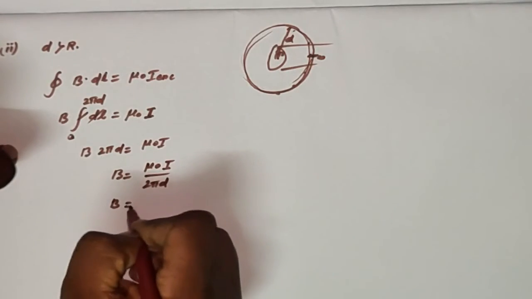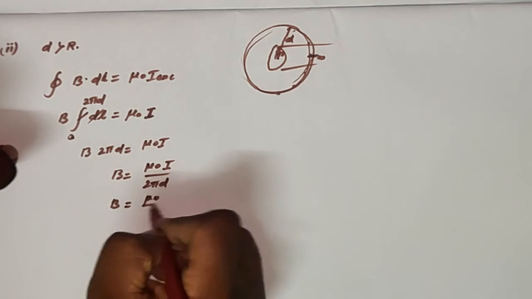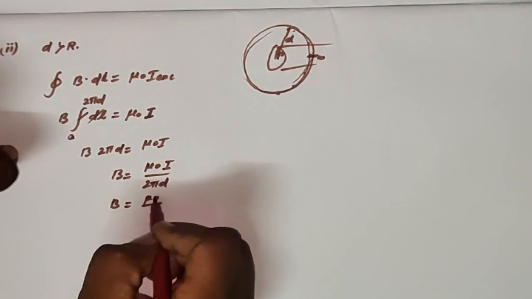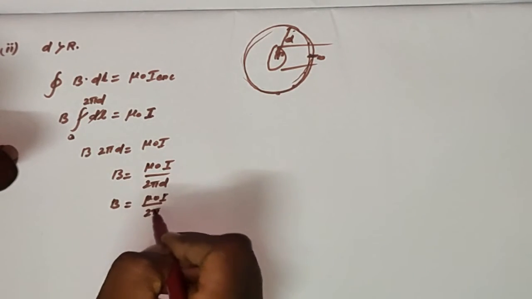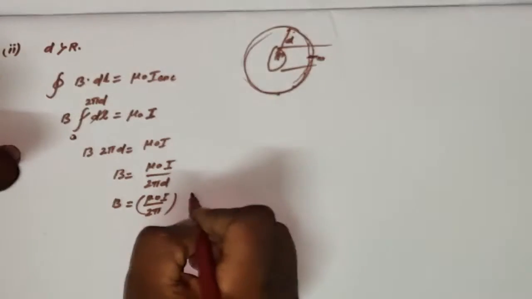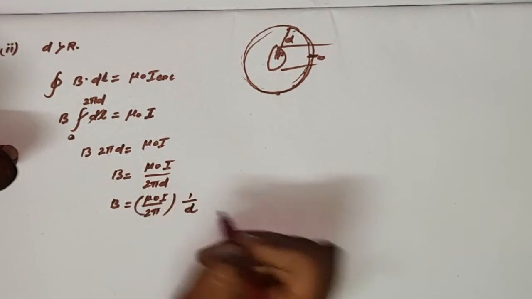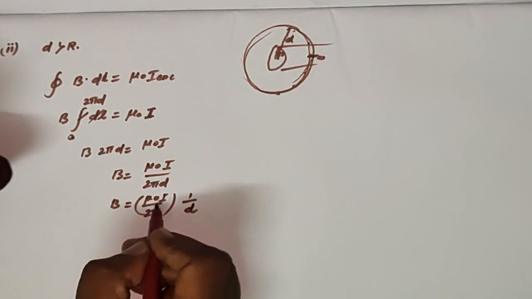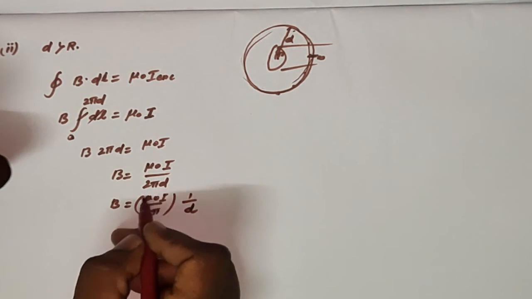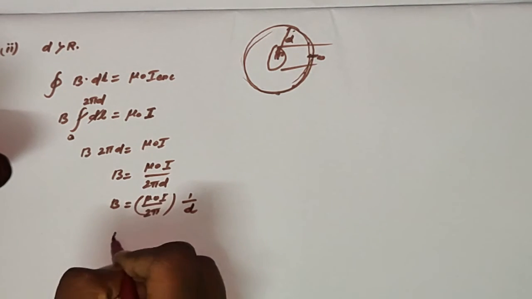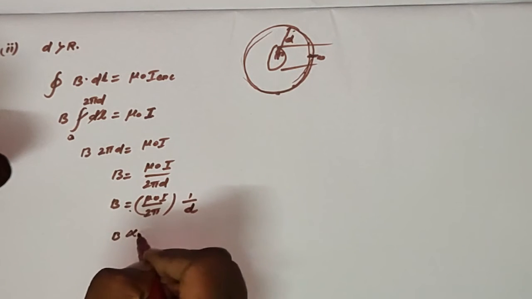So for B, mu naught is constant, I is constant, 2 pi is constant. The only thing that varies is the radial distance, 1 by d. Now we can conclude this is a constant. By removing this constant, you can make this equal sign a proportionality.